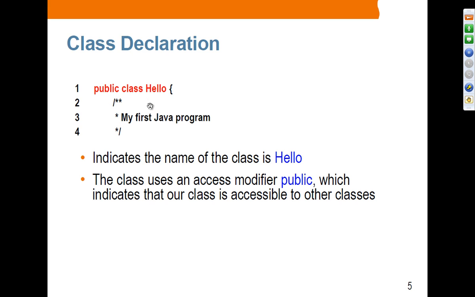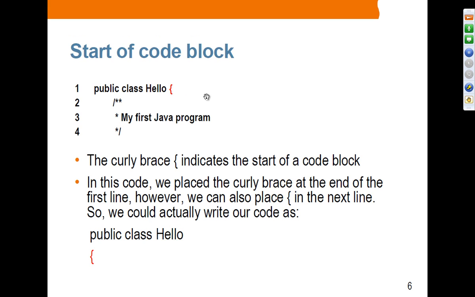So if you're trying to build the XYZ class, then you are going to start with public class XYZ, and then the curly brace indicates the starting block of your code. All right. So this curly brace indicates the start of the code block, as I mentioned before.